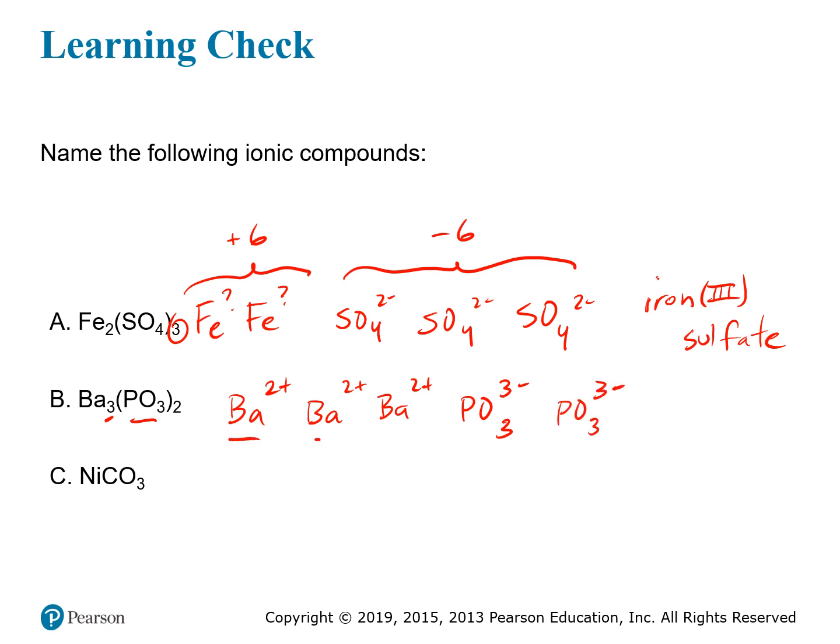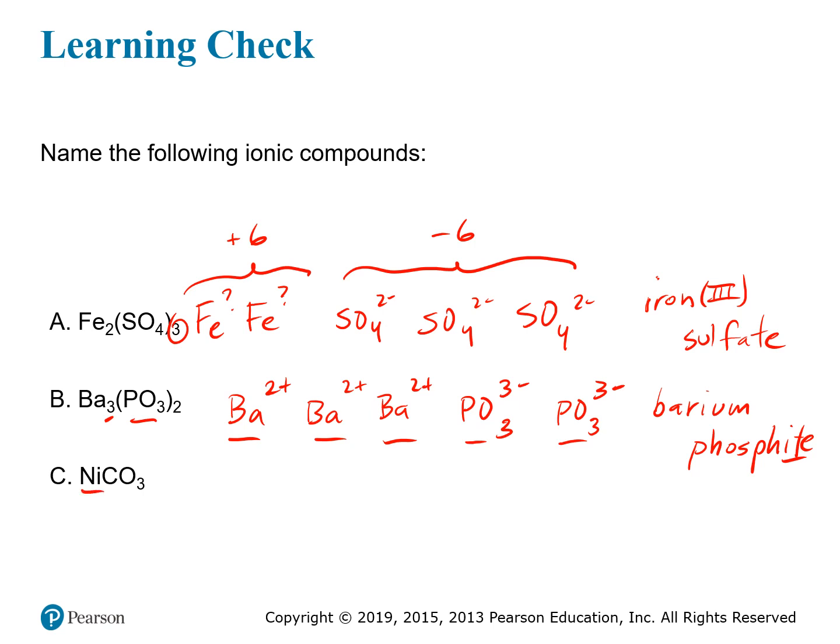So +2, +2, +2 gives you +6, -3, -3 gives you -6, and so that's why there are 3 bariums and 2 phosphites in this compound. Now, barium is always +2, so when we write the formula name, we don't need Roman numerals because it's a main group element. So it's just barium phosphite with ITE.